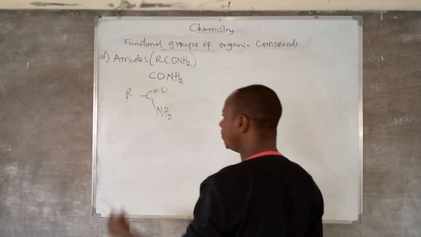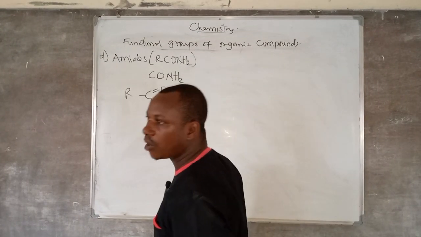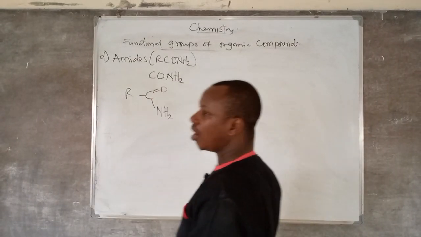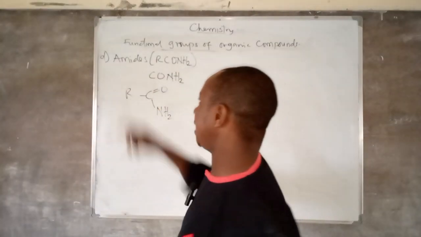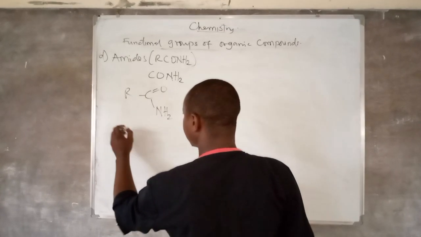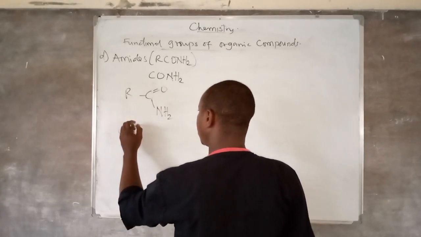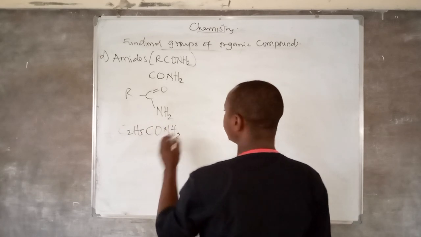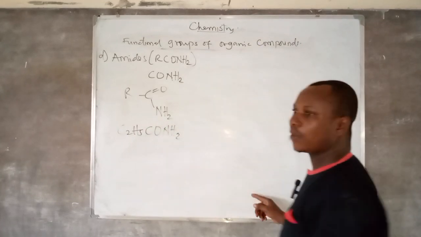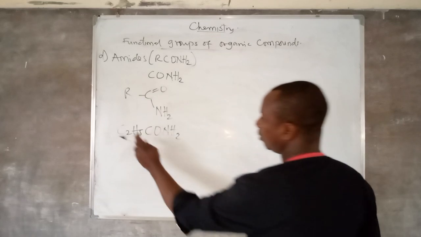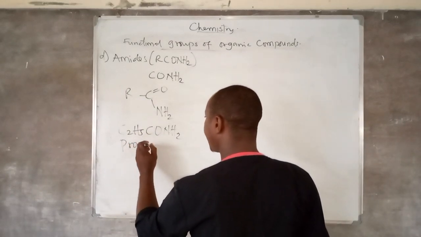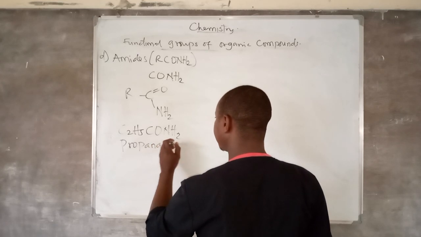The name is simply according to the number of carbon atoms it has. You just remove the E ending of the alkane and put amide. For instance, C2H5CONH2. How many carbon atoms does this have? 3, I guess, 2 plus 1 is 3. So this is simply propanamide.